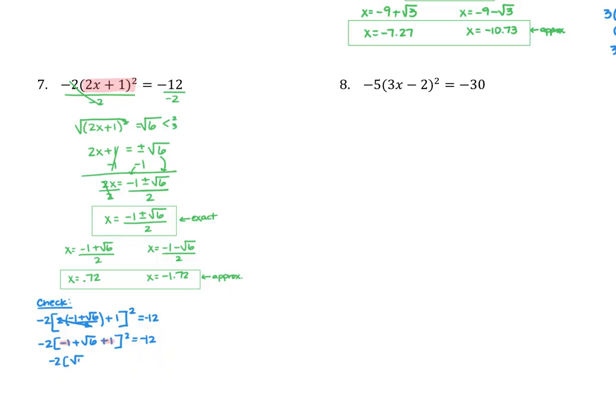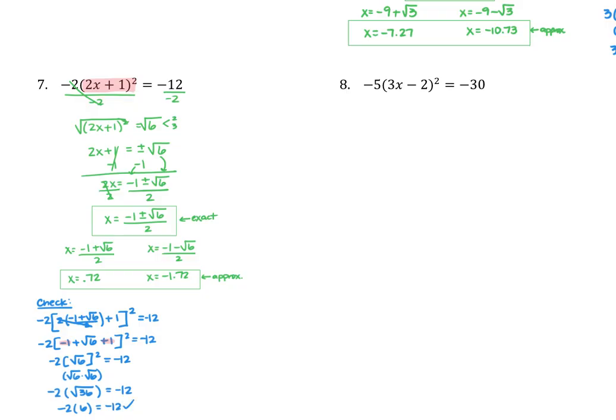So now I have the square root of 6 squared. Remember, that means square root of 6 times square root of 6, which is the same thing as square root of 36. Square root of 36 is 6, and -2 times 6 gives me -12.